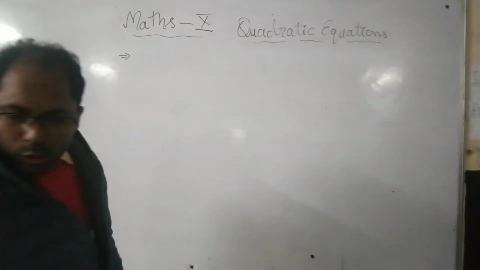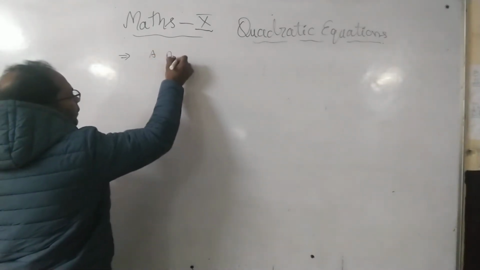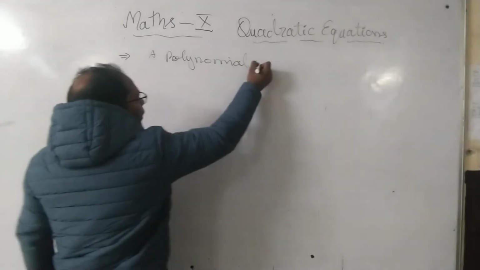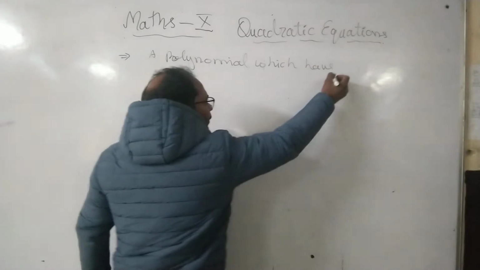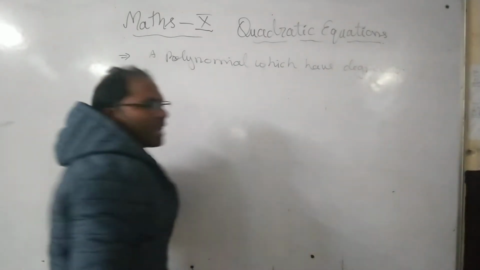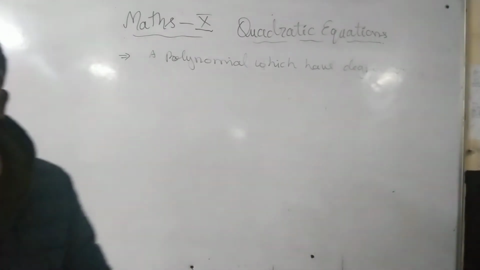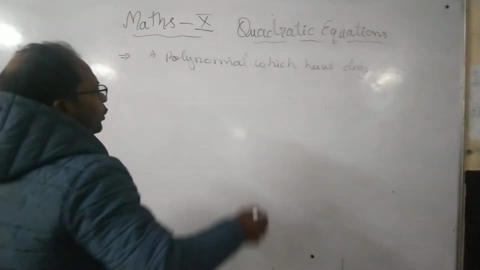You know, a polynomial which has degree 2, which has maximum degree 2, that is called quadratic polynomial.